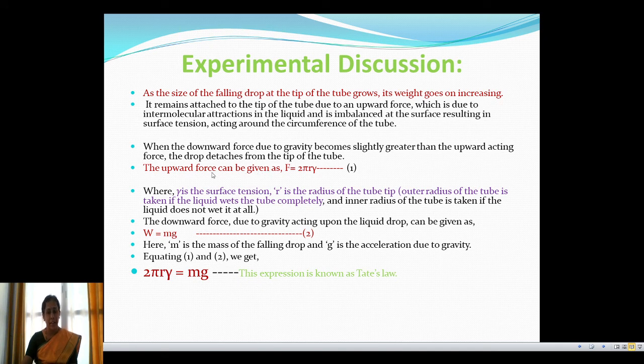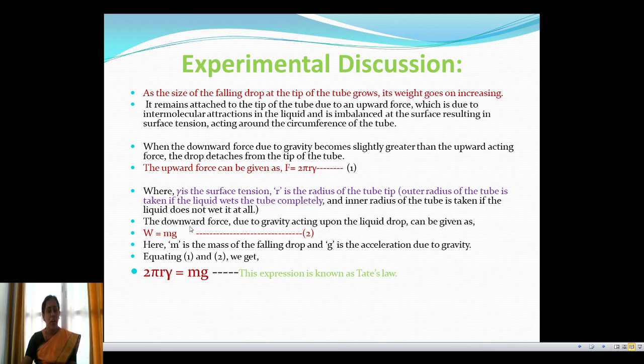Therefore, the upward force can be given as Fu equal to 2 pi r into gamma, where gamma is the surface tension and r is the radius of the tube. The inner radius is taken as the liquid does not wet the tube.